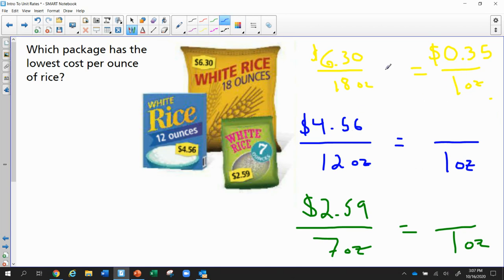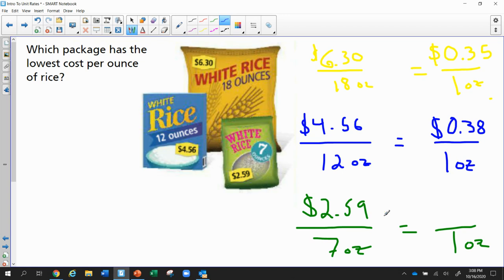For the blue package, you could do the same thing. $4.56. Divide that by 12. That's going to give you that this one is 38 cents per 1 ounce.